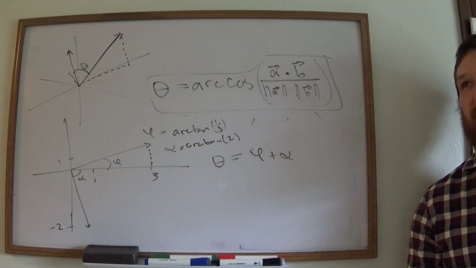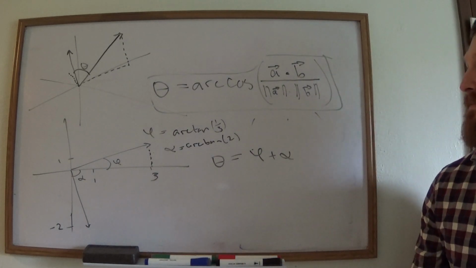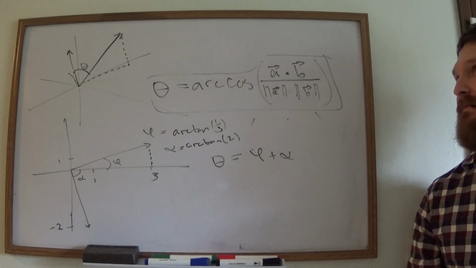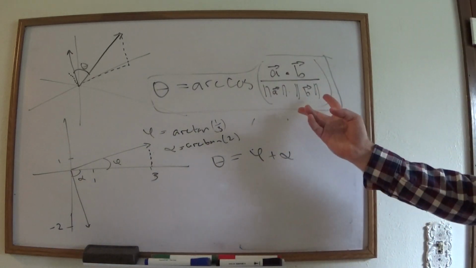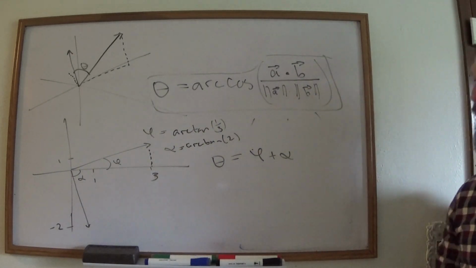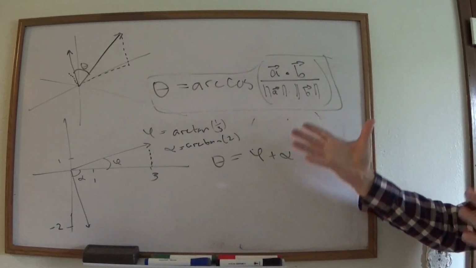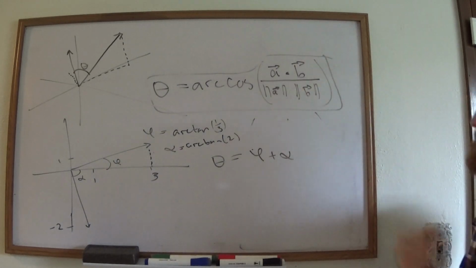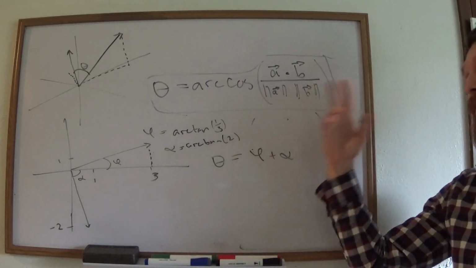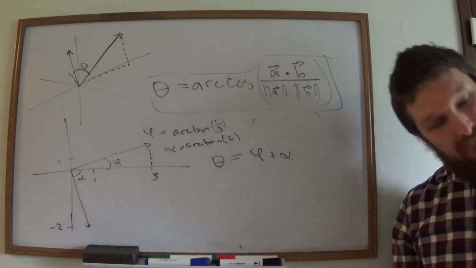In 4 dimensions you wouldn't be able to draw it. But if you did it the other way, it would be really, really easy. Because you just take the dot product, divide by the magnitudes, and take the arc cos. Is it 1 over root 10, or is it root 3 over 2? Oh, it's root 3 over 2. Well, I can find what angle that is, and then you get pi over 7, or whatever it is. Not pi over 7, but you know what I mean.